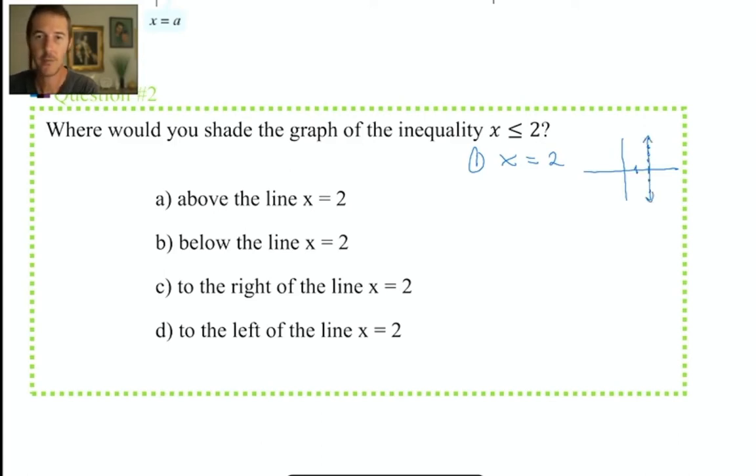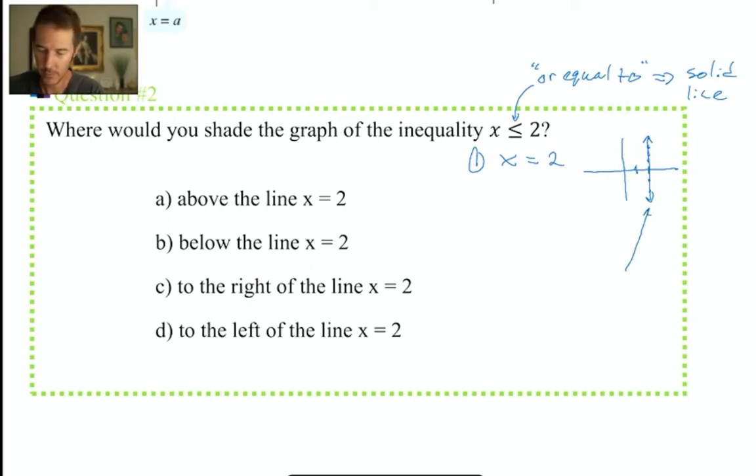Now, I drew a solid vertical line because this says less than or equal to. So if there's an or equal to, that implies that we need to graph using a solid line. If it were a strict inequality and it just said x is less than 2, then this vertical line that I just drew would be a dashed line.